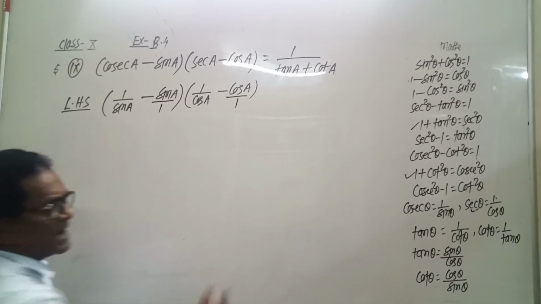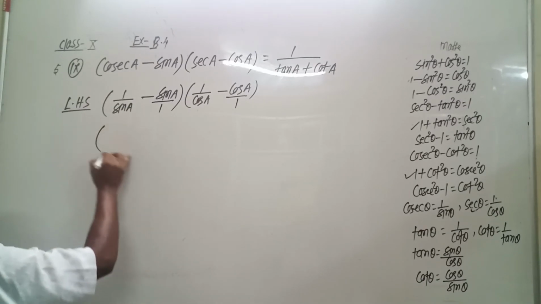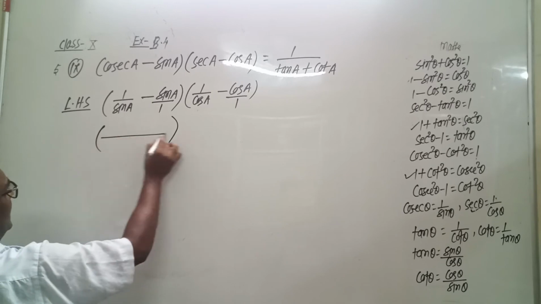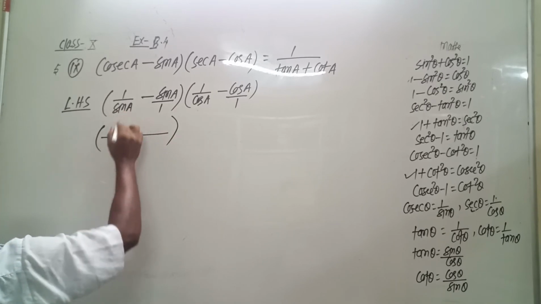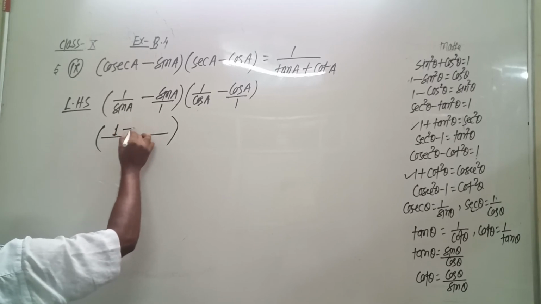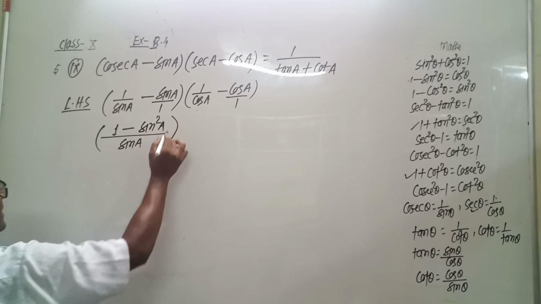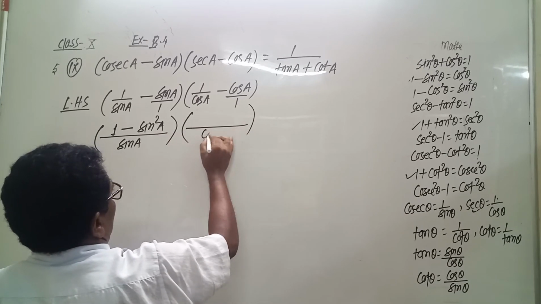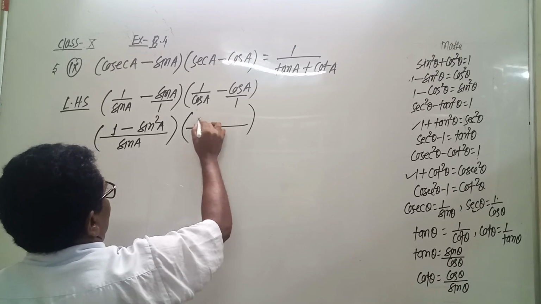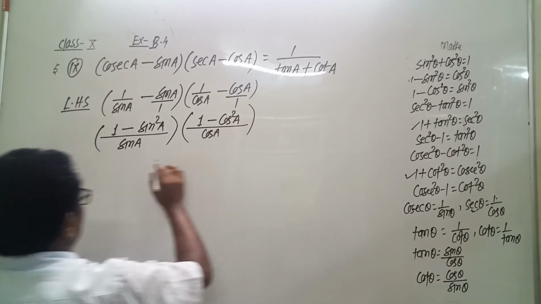Here also we can write 1 in the denominator. Then we take the LCM of sin A and 1, and it gives 1 minus sin square A. Then in the next bracket, cos A is the LCM. We get 1 minus cos square A.